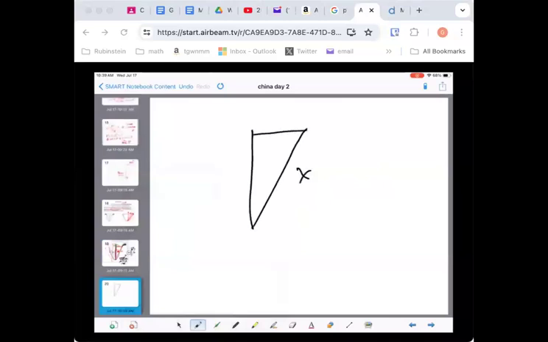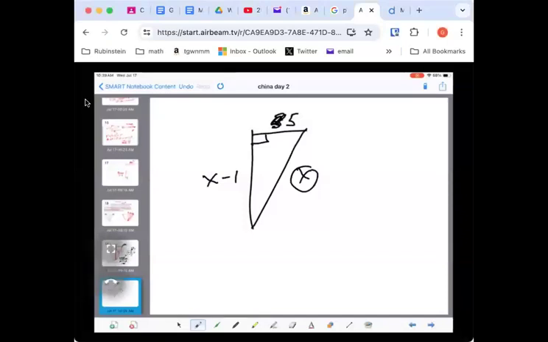So it's X, 5. Basically, the width of the pond, X is this, and I put X minus 1 here because it used to be 1, because originally it was sticking out of the water by 1 unit.